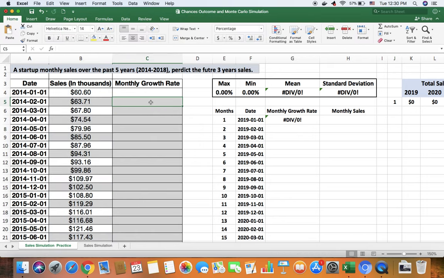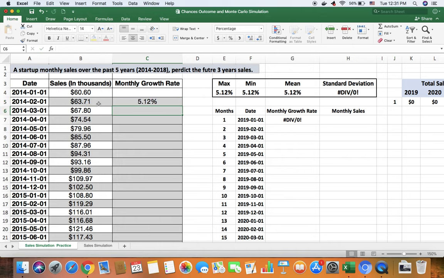First, we calculate a monthly growth rate of sales. Type equal, the first month's ending value minus beginning value, divide by beginning value.